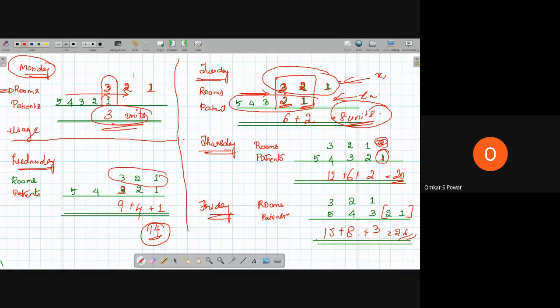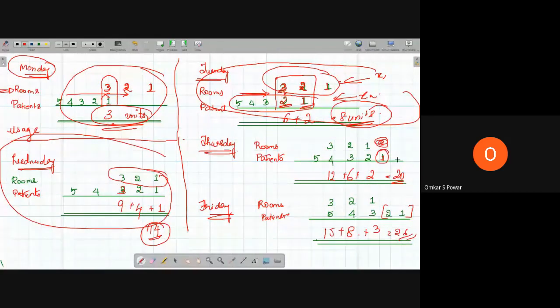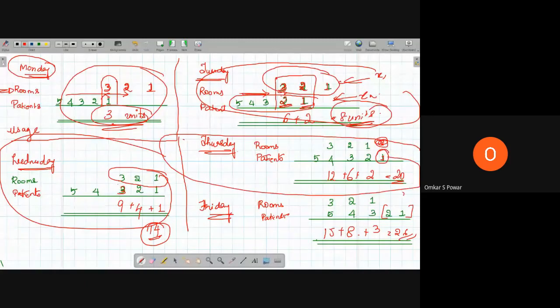This process of finding the units of dosages is nothing but convolution. So I have made you understand mathematically the process of convolution: keep the first signal as it is, take the mirror image of the second signal, shift it, multiply, add, shift, multiply, add.